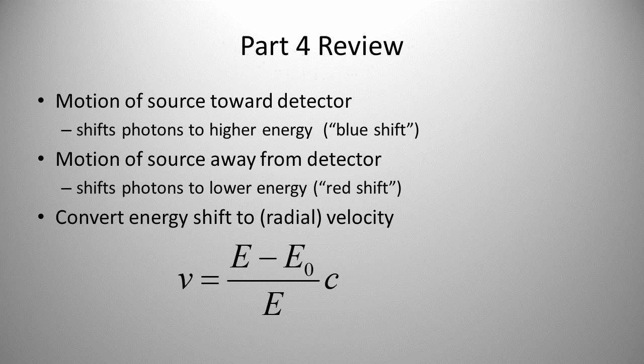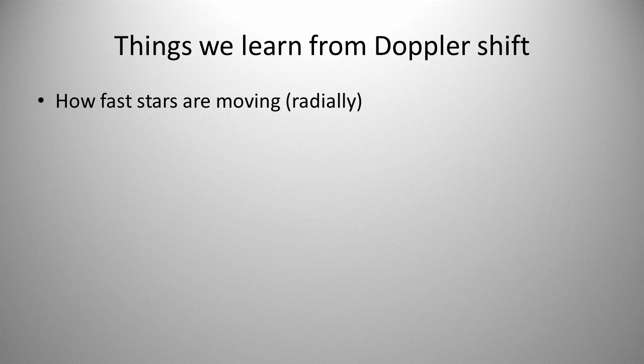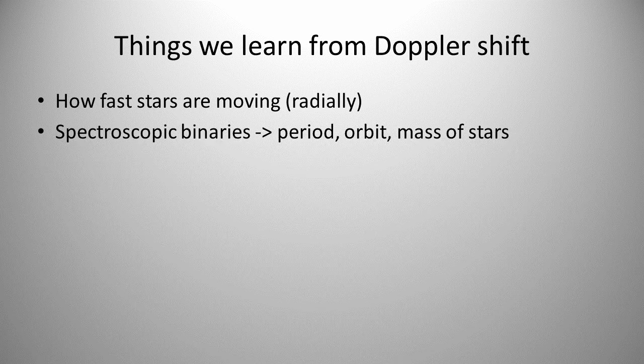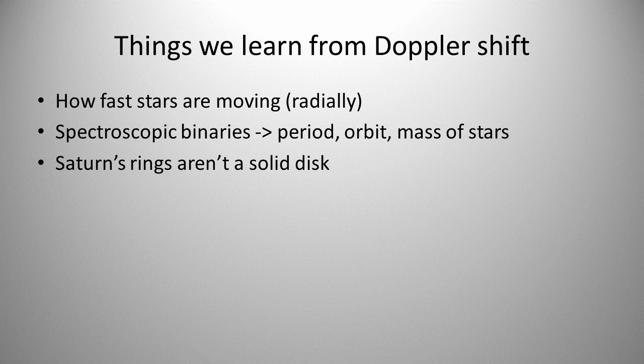We can use this to determine how fast stars are moving, radially at least, toward or away from us. We can detect spectroscopic binary stars and get their orbital period, orbital size, and the mass of the stars. The Keplerian velocity curve for Saturn's rings showed they're made of small particles orbiting Saturn, not a solid disk.